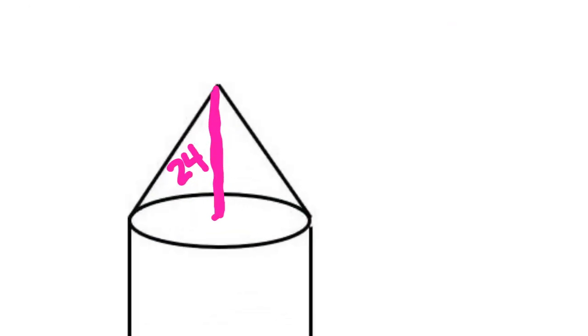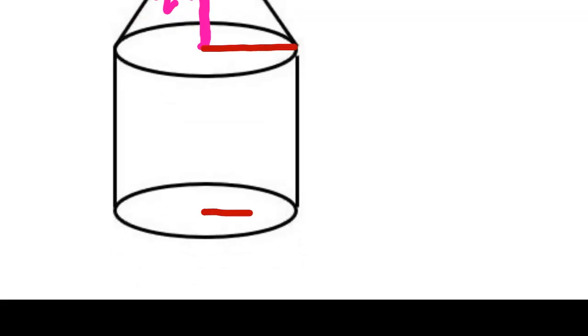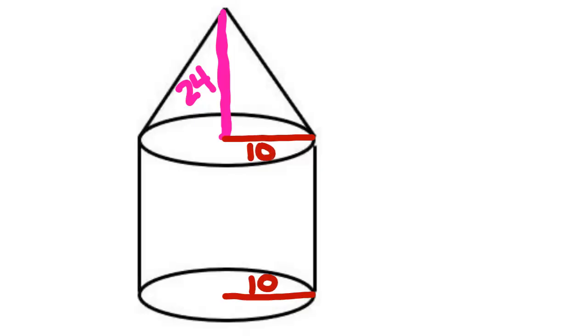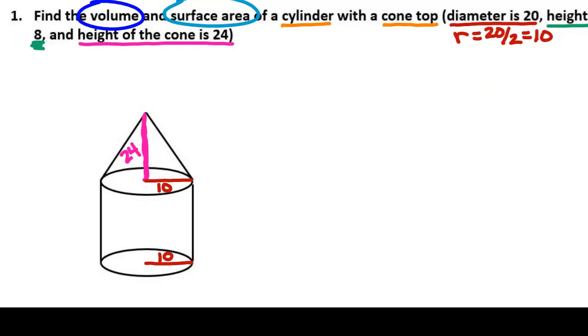The radius, which would be for both the cone and the cylinder, is 10. And the height of the cylinder is 8. So this right here is 8. We want to find the volume and the surface area for this.